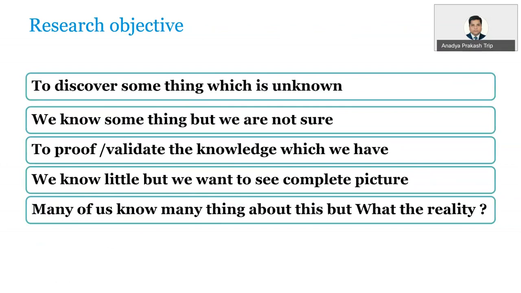So we know and we are certain about that knowledge, but we want to revalidate it. Maybe in a different setup, maybe in a different population, or maybe in a different environment. So to validate the established knowledge in a different setup, we also can conduct a research. We may frame our objective that way.